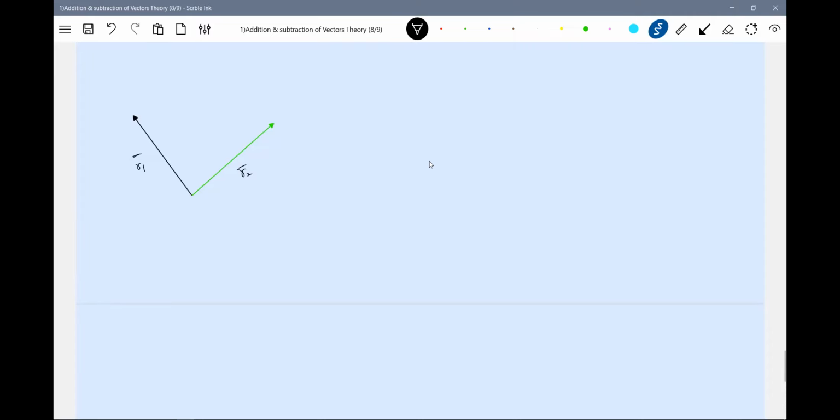I want the r1 bar minus r2 bar direction. Then r2 bar minus r1 bar. So here, what is the method? Just bring this vector, what it can be.